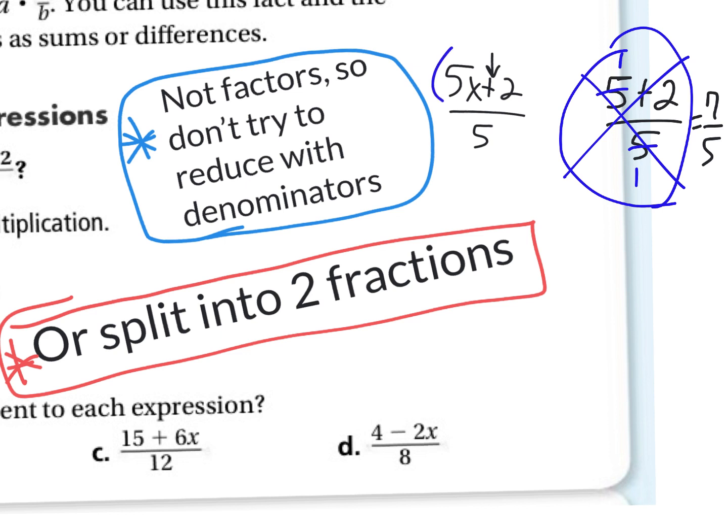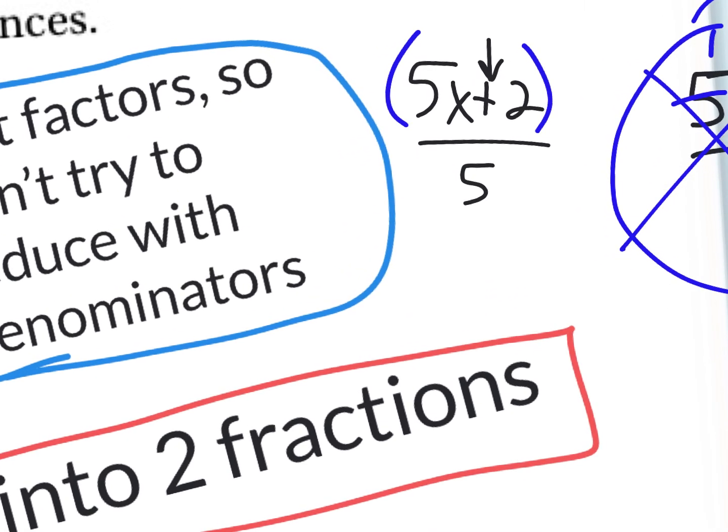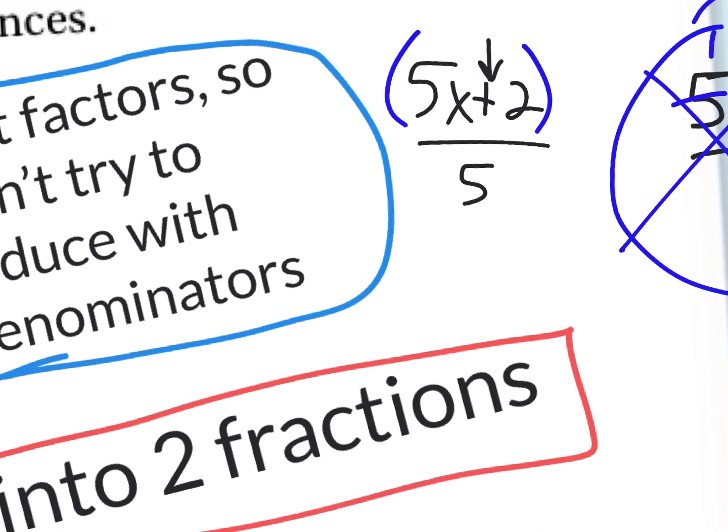So my suggestion when you're doing these problems is to put parentheses around the numerator or around anything that's being added or subtracted. And that's like a force field that says, unless you have exactly what's in these parentheses, you cannot reduce that with something else. You can't reduce that by a factor if it's not a factor.